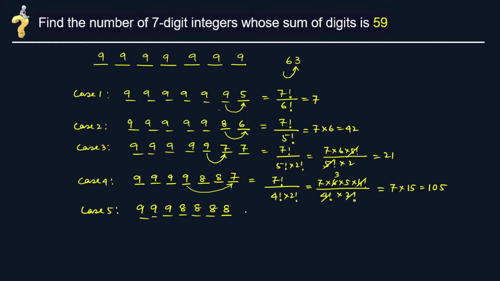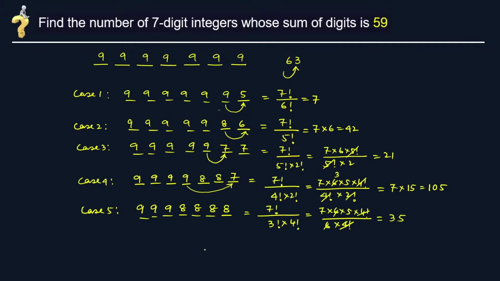So the 7 places can arrange among themselves in factorial 7 divided by factorial 3 into factorial 4. Factorial 3 is for the 3 identical 9s and factorial 4 is for the 4 identical 8s. So you are going to have 7 into 6 into 5 into factorial 4 divided by 6 into factorial 4. This goes off, 6 goes off. So it is coming to 35. Am I correct or not?